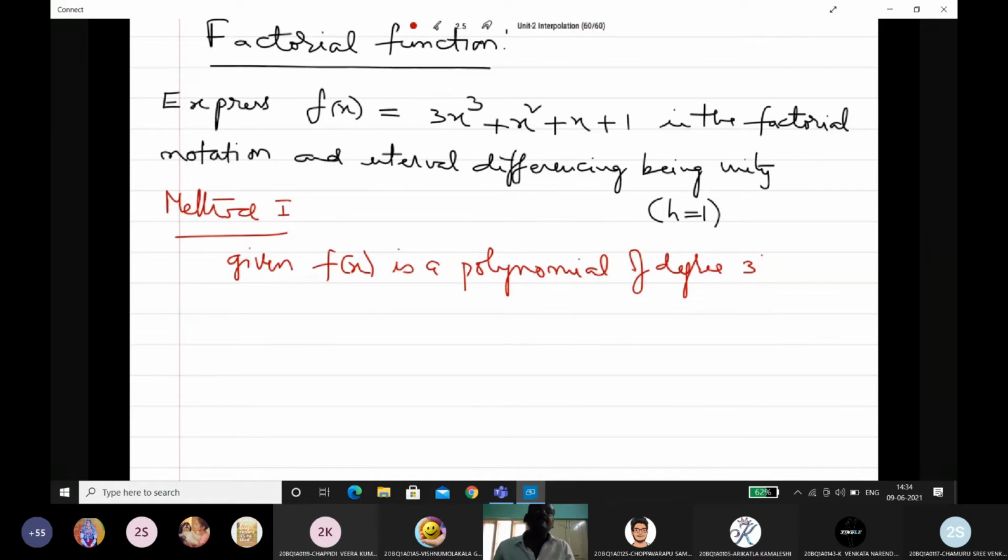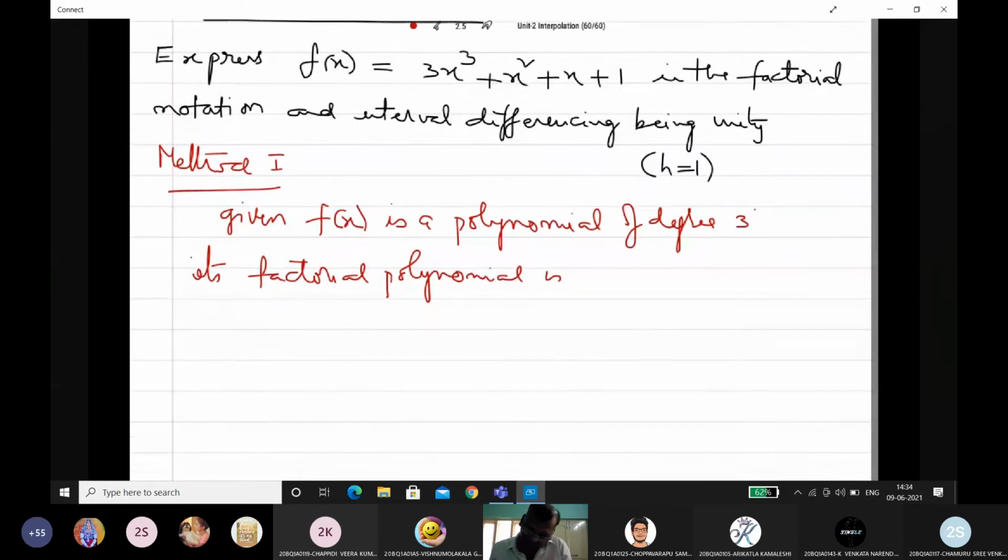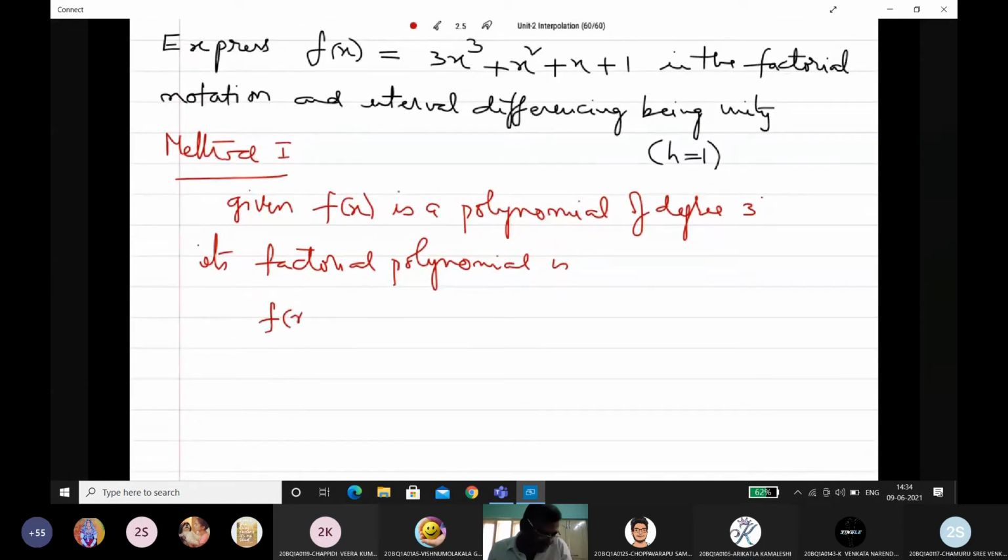Therefore its factorial polynomial is, how will it be? f of x is equal to a into x cubed plus b into x square plus c into x plus d.